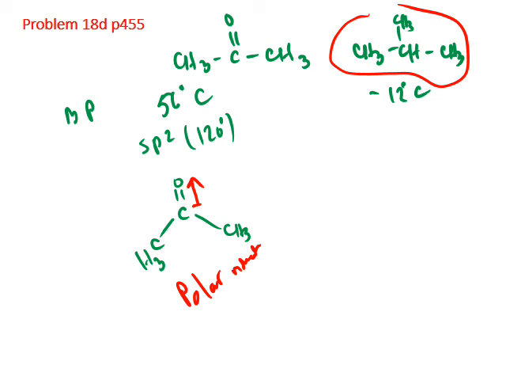It's sp3 hybridization. If you draw the actual structure, it will look like this: CH3, CH3, CH3, and you would have hydrogen. Now the carbon-hydrogen electronegativity difference is very small.